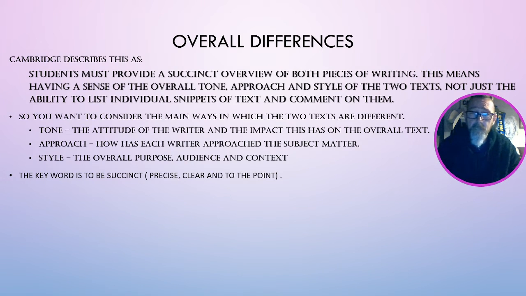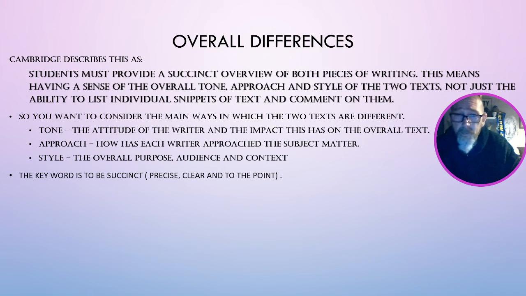Then you've got style, and style is inclusive of what is the purpose: to entertain, to persuade, to inform, or of course the difference in audience, that comes up quite a lot, or just the general context, the general understanding of the text.